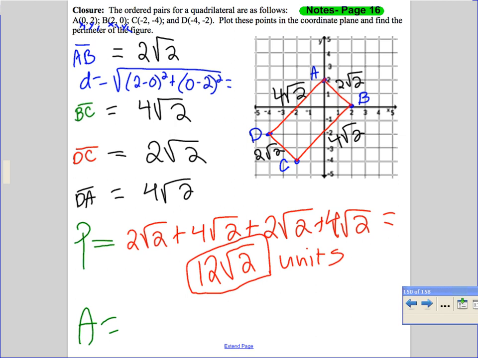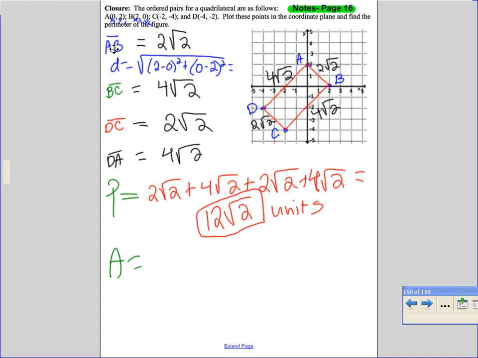Okay, how do you find area? This is not a question, but how would you find area of this figure, Drew? Okay, good. So Drew, how do you multiply those?